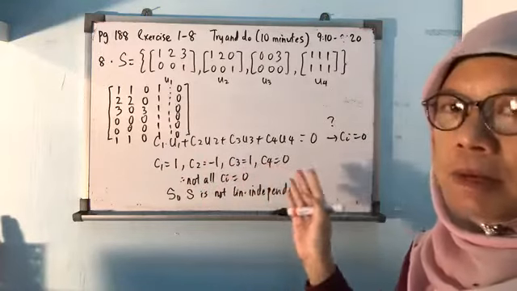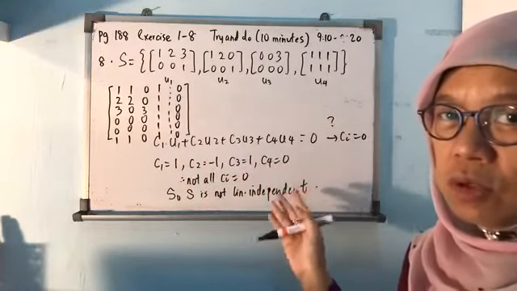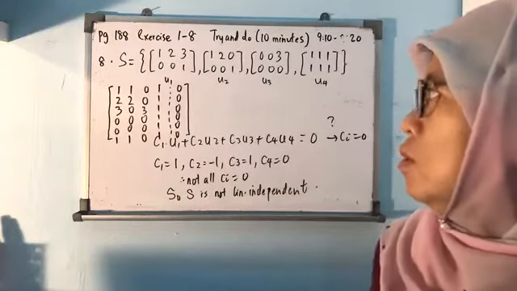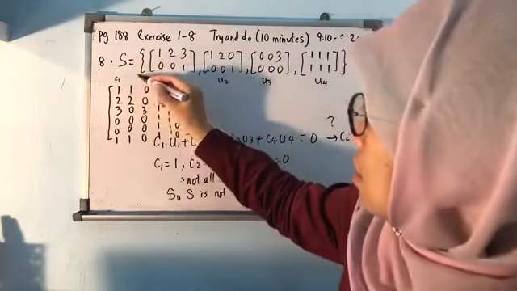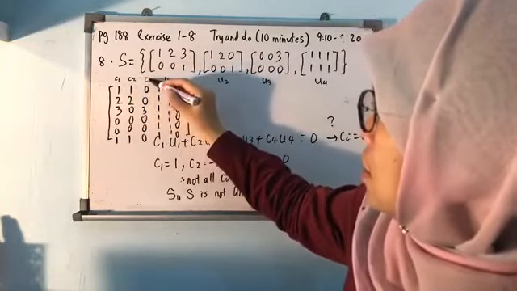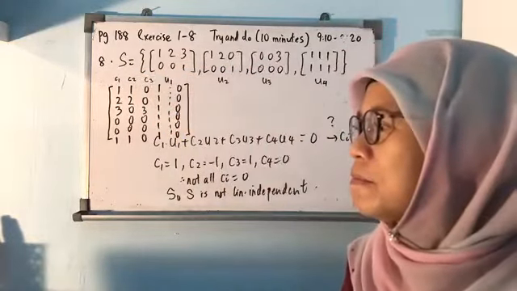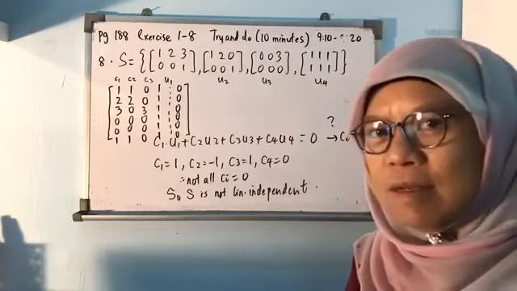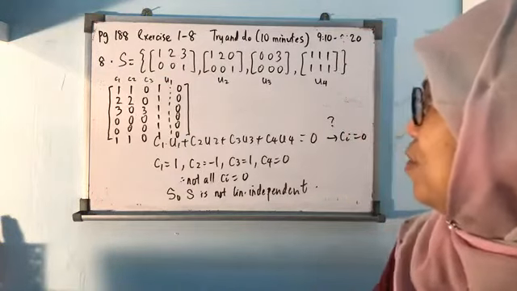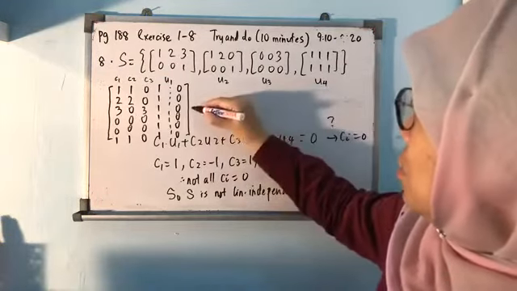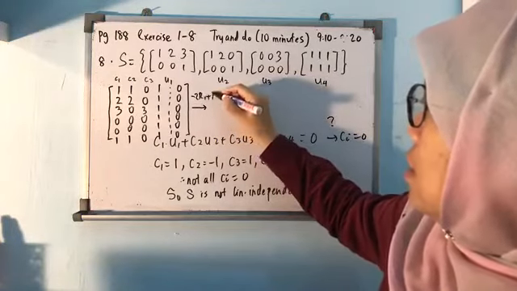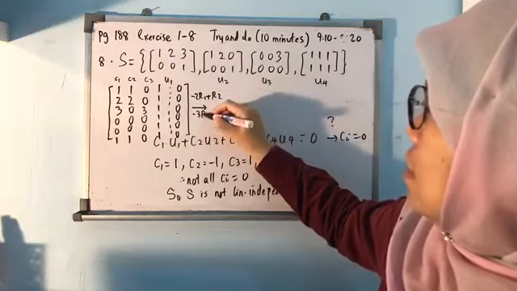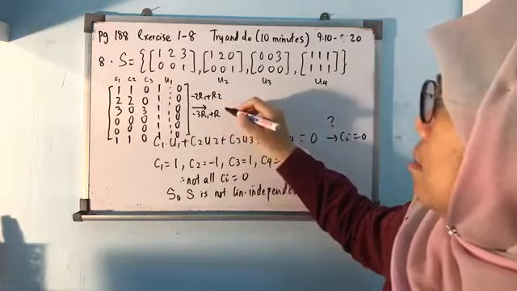Tapi kalau tak nampak, if it is not too obvious, this is what you have to do, to solve for C1, C2, C3. Dah nak pukul 10. Sekejap je, okay? We are almost done. So, negative 2 R1 plus R2, negative 3 R1 plus R3.